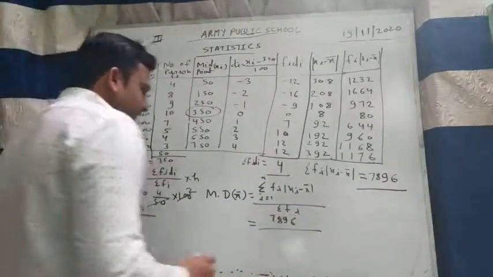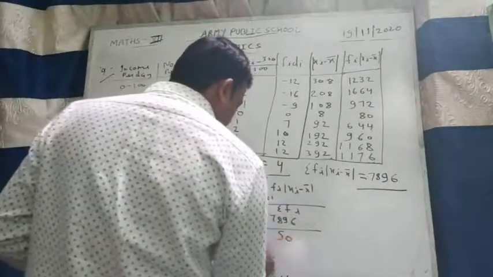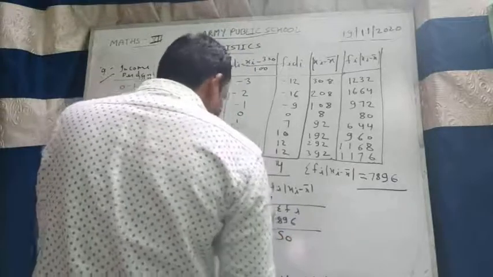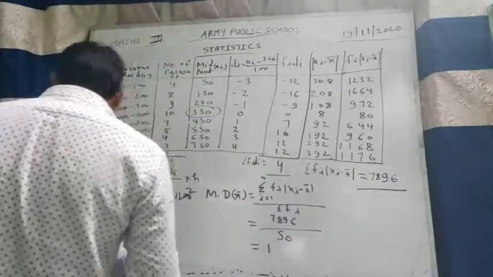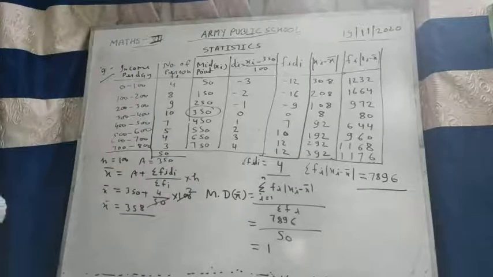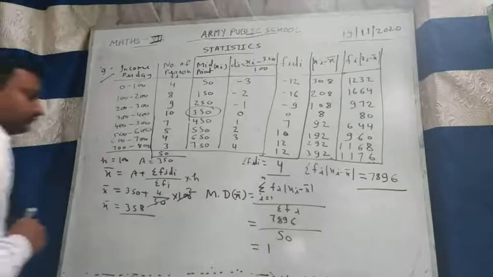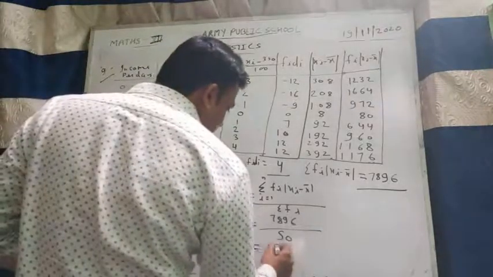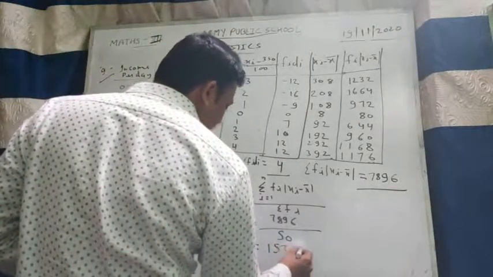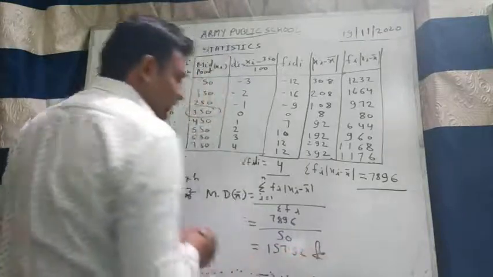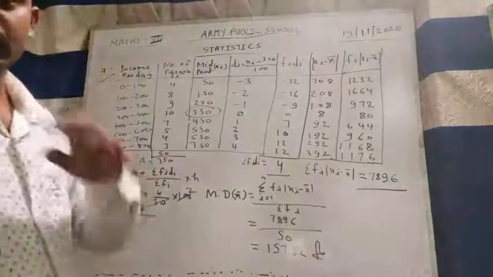Summation fi is 50. Now divide this with 50, we get our mean deviation from mean. So it will be what? 157.9. It will be our mean deviation with the help of mean.